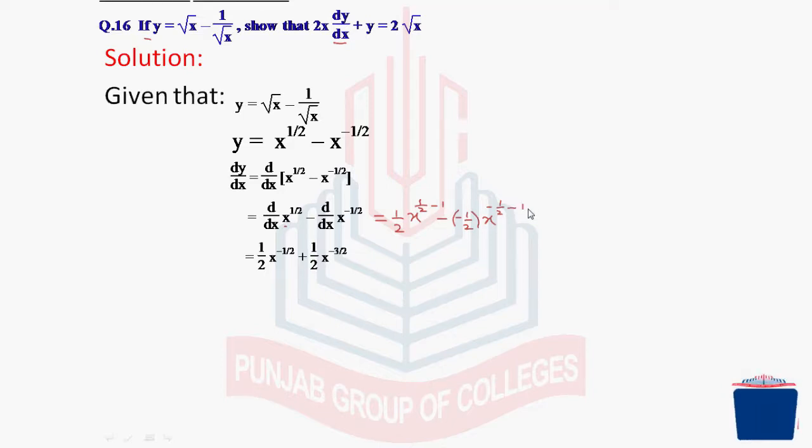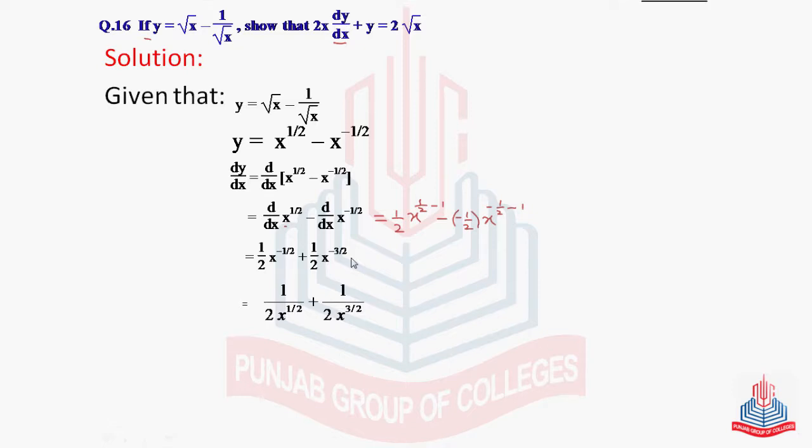So now we have 1 by 2 x raised to the power, this 1 by 2 minus 1 will be minus 1 by 2, and this minus and minus will be plus. So 1 by 2 x raised to the power minus 1 by 2 minus 1, that is minus 3 by 2.